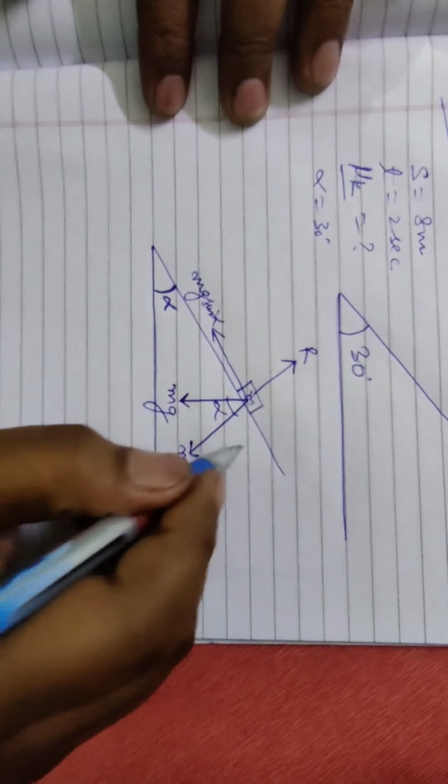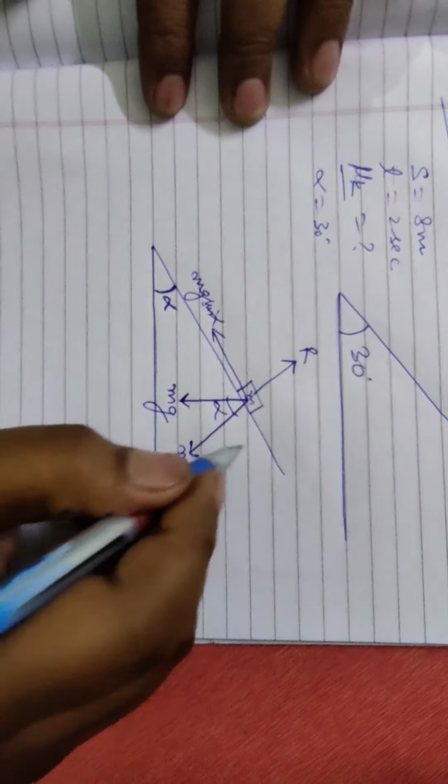F is equal to, take out m common, and the value of g is 9.8, and now we put alpha is 30, so sin 30 is 1 by 2, so 1 by 2 minus the value of a is 4, equal to m, and in the bracket it is 4.9 minus 4. So f, I am writing m as m because it will cancel out later, is 0.9 m. Let it be equation 4.